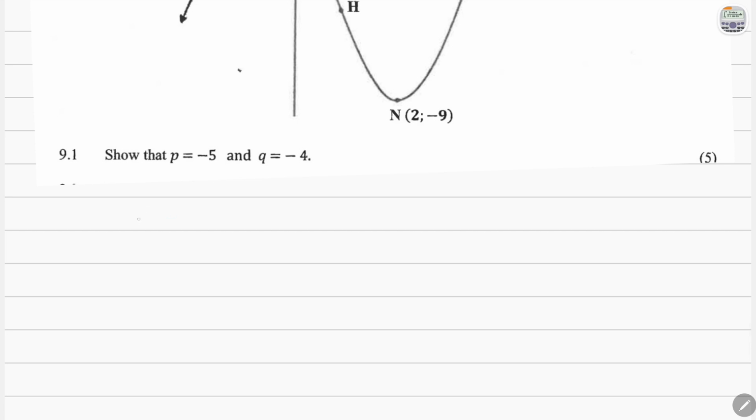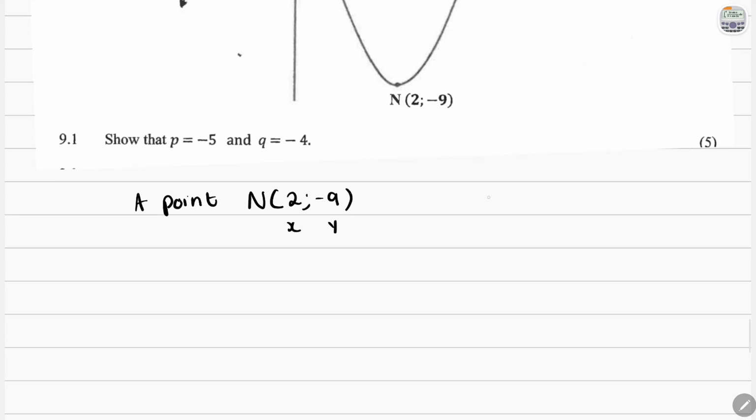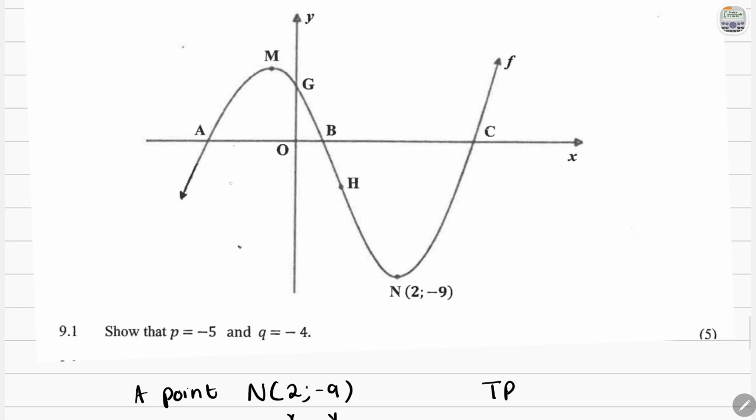So we're going to use N as a point on the graph of f, so the x value is 2 and the y value is -9. And we're going to use it as a turning point. Now remember that with a turning point, this is where the gradient of the function is equal to 0.